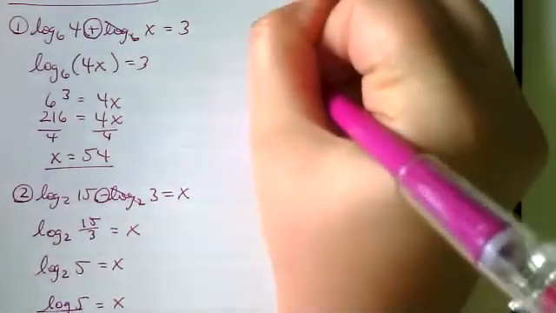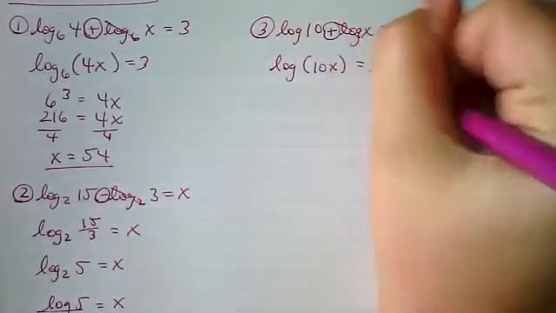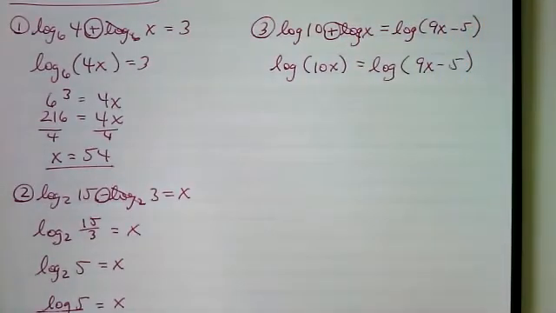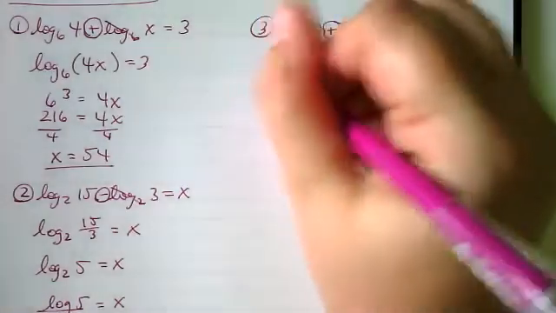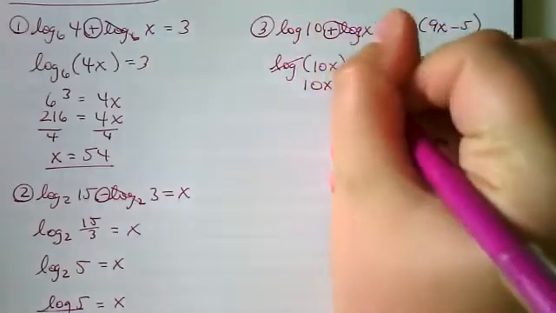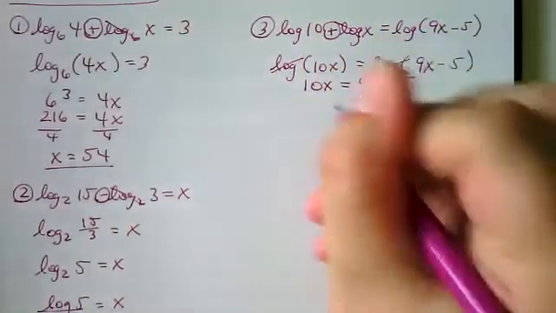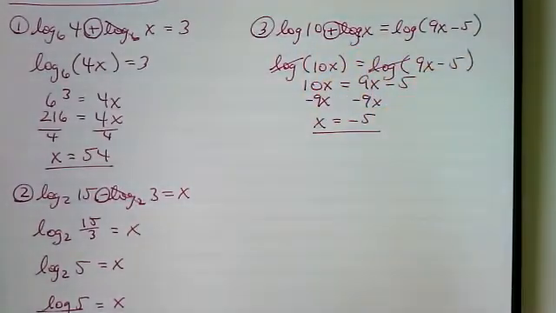So I've got log of 10x equals log of 9x minus 5. Okay, and now we can see there's a log on each side. They have the same base, so I can just drop them and set the parentheses equal to each other. So I've got 10x equals 9x minus 5, and now I'm just solving. So I need to subtract 9x from both sides, and I get x equals -5, and there's my answer.